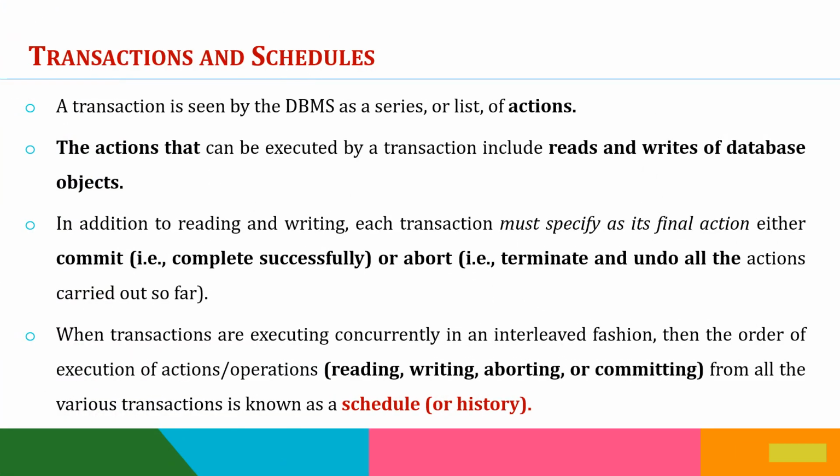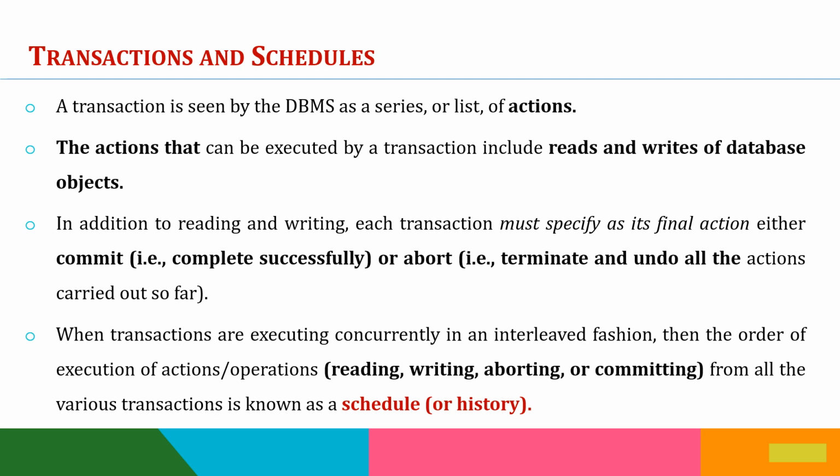A transaction can be seen as a list of actions. That means it consists of a list of operations. The actions that can be executed by a transaction include reads and writes of the database objects. Okay, so the operations that can be performed on the database objects, like read and write, are the actions that can be executed by a transaction.